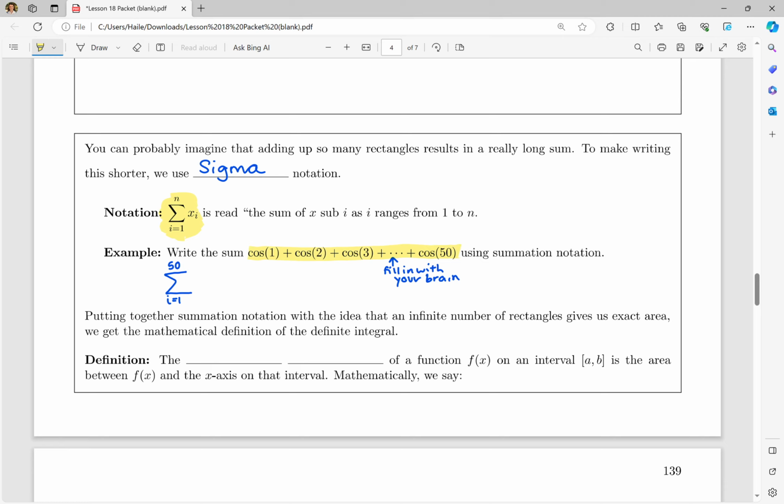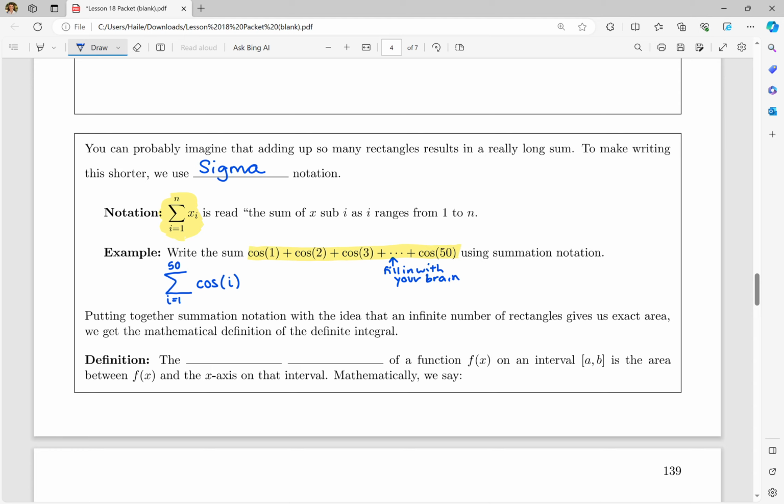This one's not so bad. The thing changing is the thing inside of cosine, so I'm going to write this as cosine i. If we were to write out each term of that sum with the value of i plugged in, we would get the numbers 1 through 50 inside of cosine. That's exactly what I want.